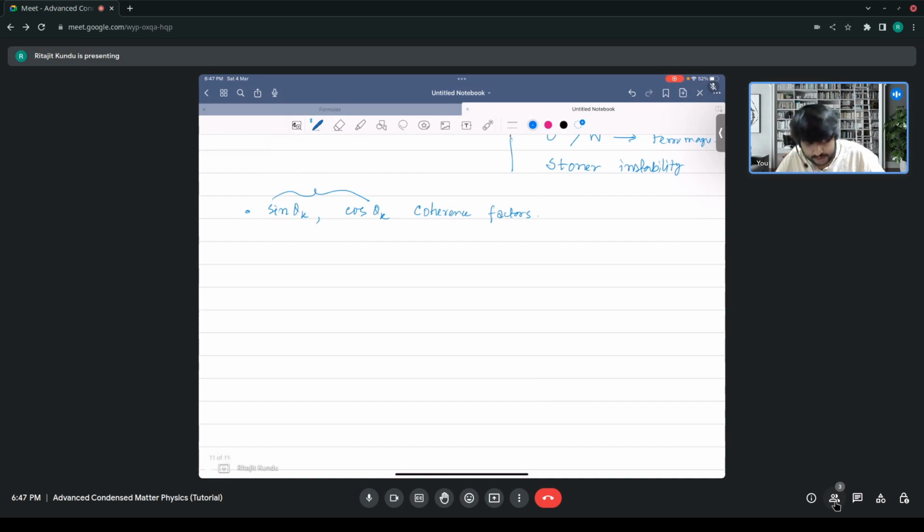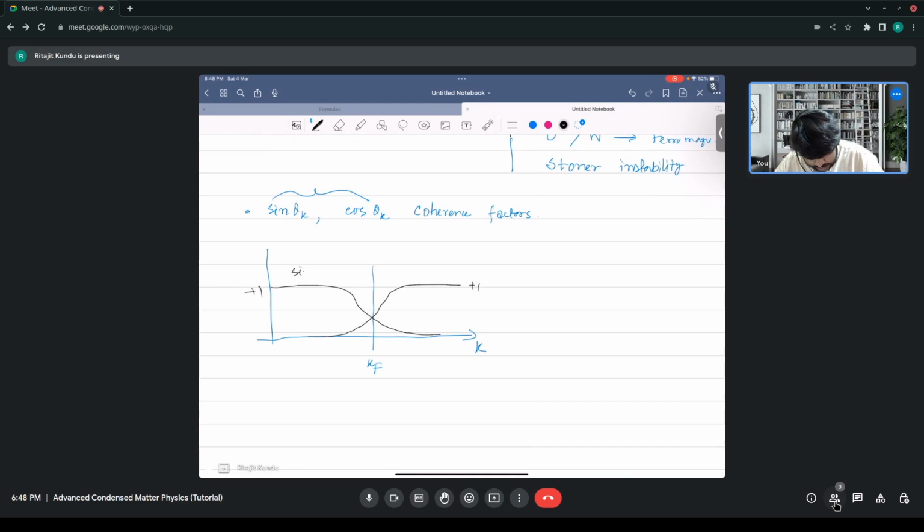As I drew before, at kF, the Fermi momentum, only the coherence factor changes somewhat, but far from this kF it is just plus 1.